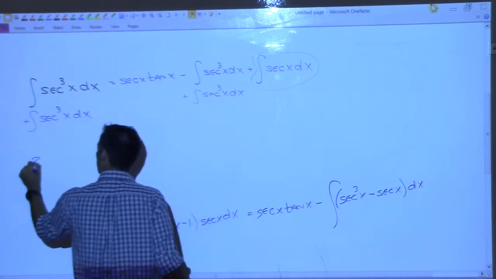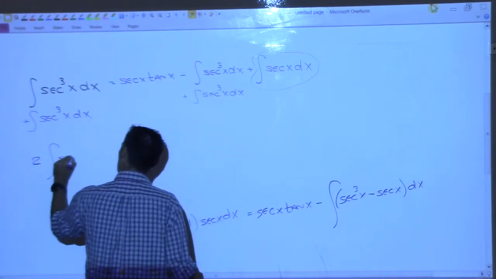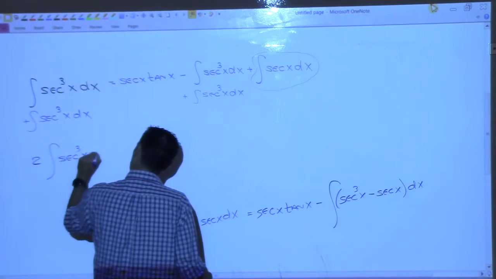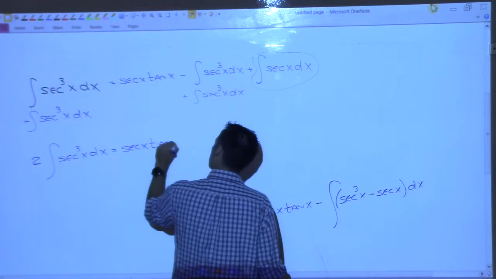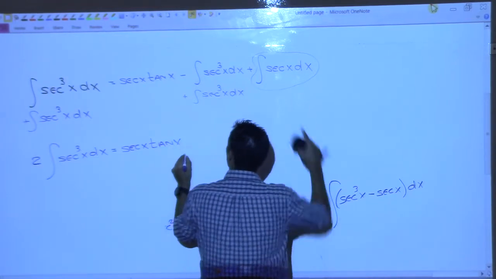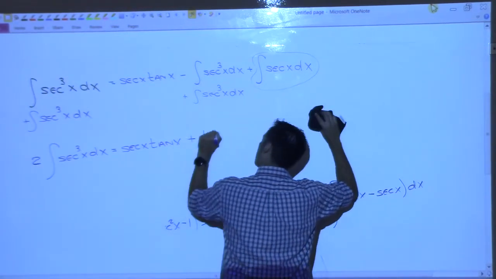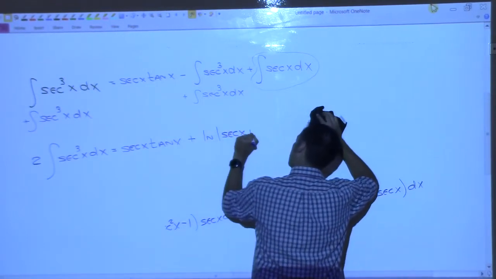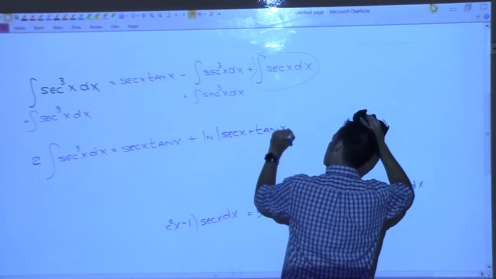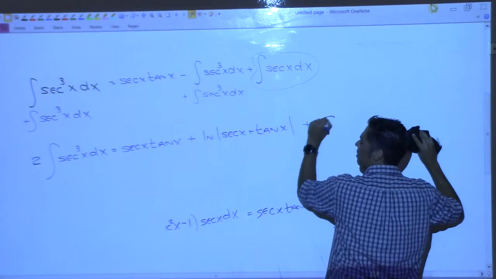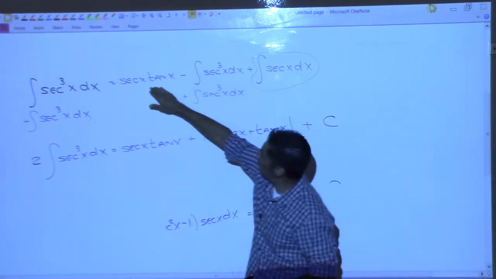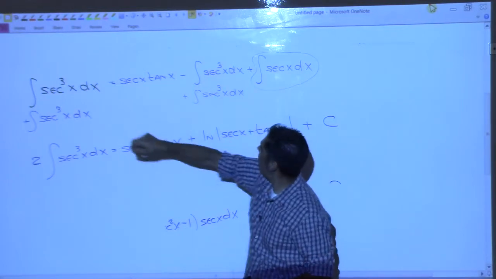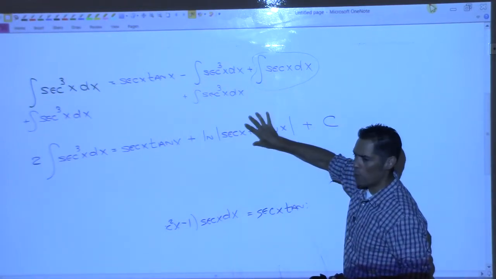So two of the integrals we're looking for is equal to secant x tangent x plus natural log of secant x plus tangent x plus a constant. I'm almost there. So this is this. This part went over there. This we did in the problem before.